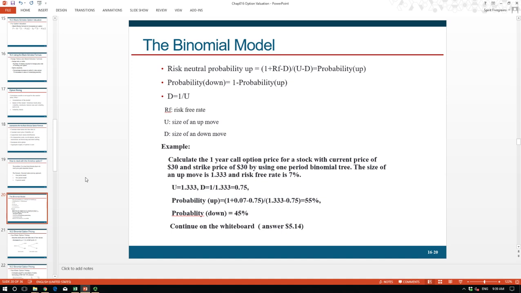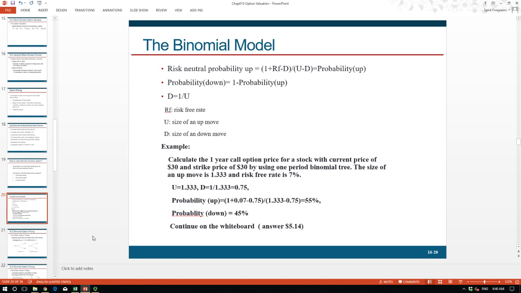Here we want to know the probability that stock price will go up or go down, and actually it's a function of up movement, down movement, and the risk-free rate. Here we can do the calculation. The probability that stock price may go up is 55%, and the probability it will go down is 45%. Now you can look at how we can calculate option price.